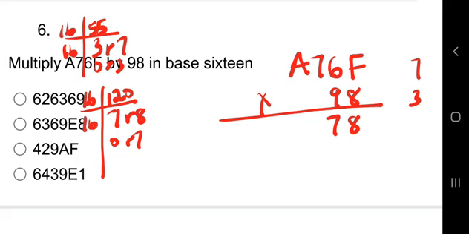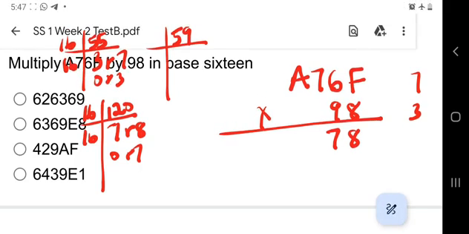So 8 times 7 now is 56. So 56 plus 3 gives 59. So we're going to convert 59 to base 16 now. So we have 59, then 16.